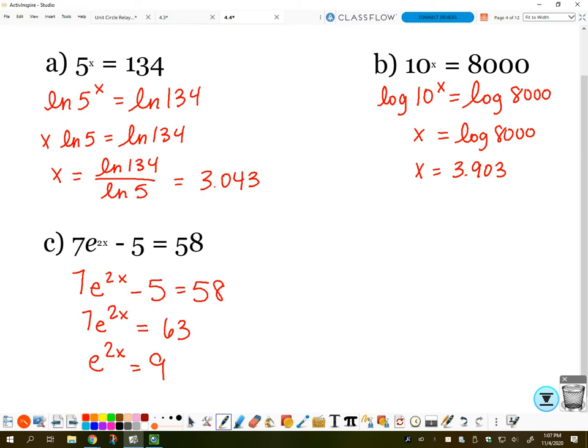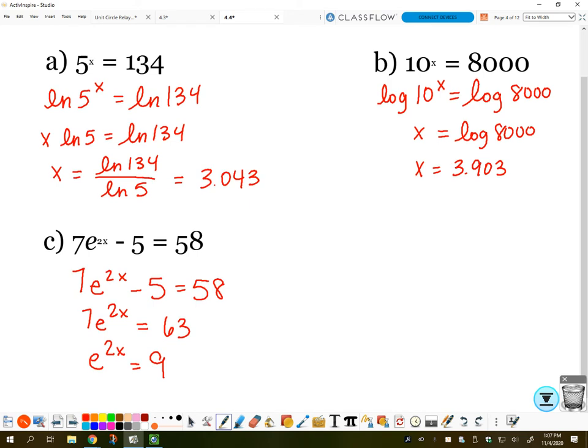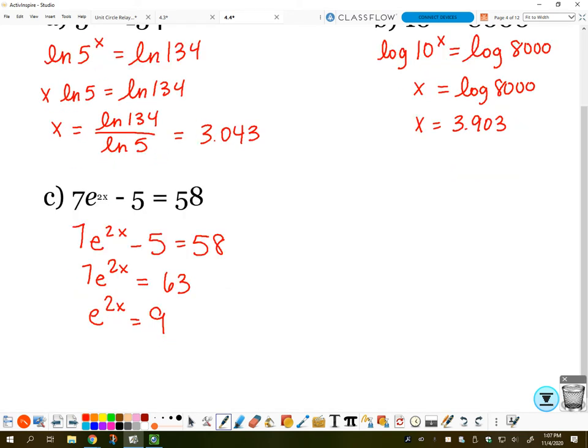Alright, so at this point, you're going to, according to their rules, take the ln of those sides, which is nice here because it's going to have a matching base. So we do ln of e to the 2x equals ln of 9. Then ln and e cancel, and you just have 2x equals ln of 9.